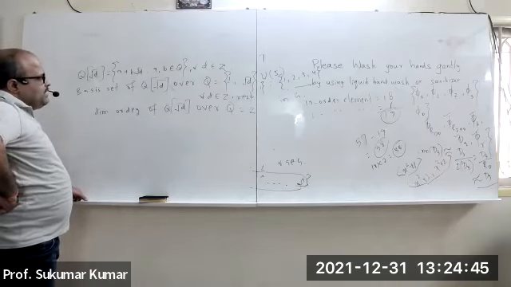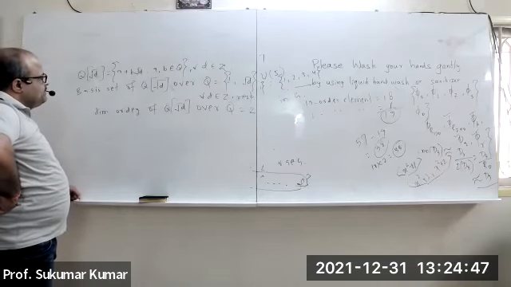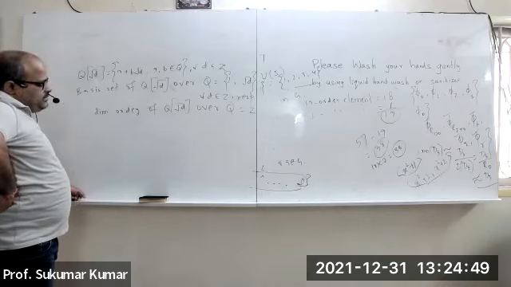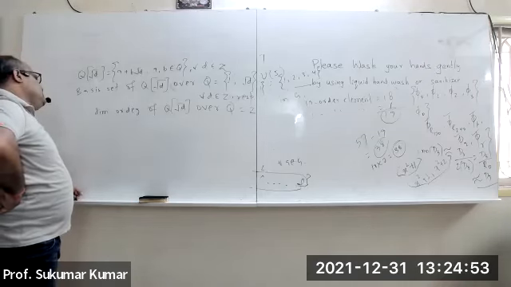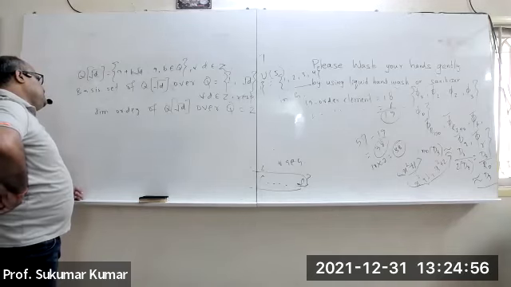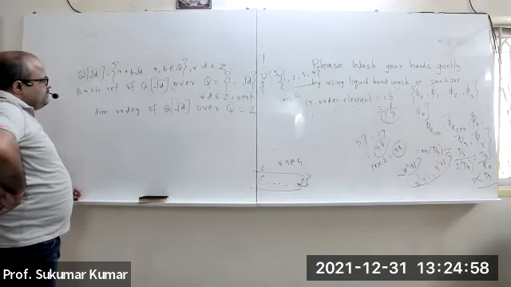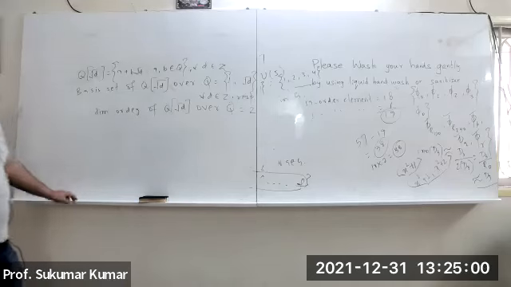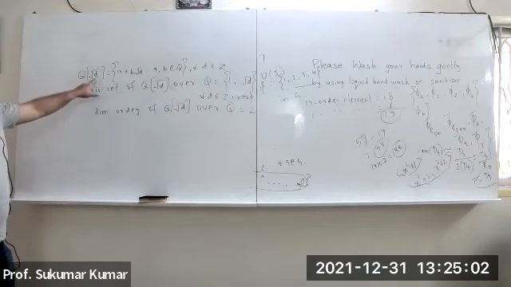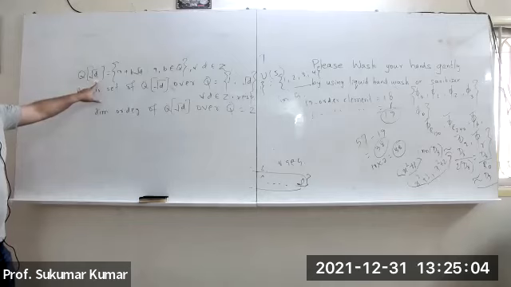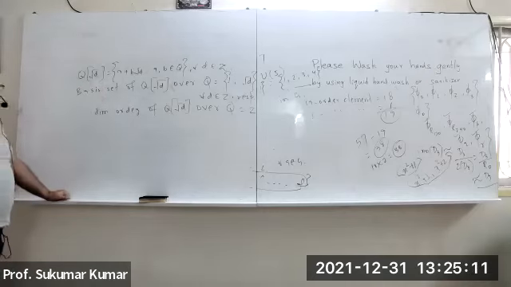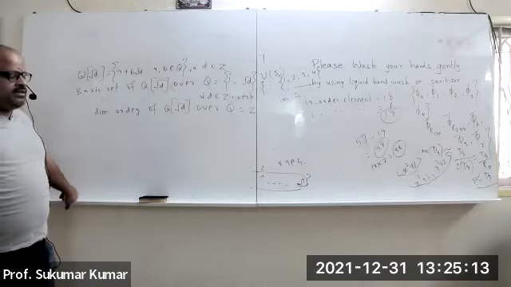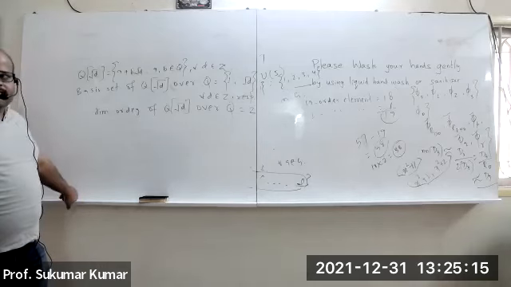If D belongs to integer, integer also no problem. If I choose 4, then Q box 2 will come. Then A plus B root 4; root 4 means 2, so A plus 2B will come, generated by 1 and 2.